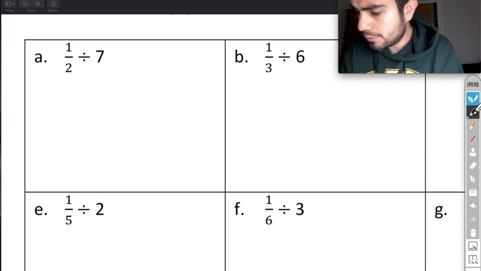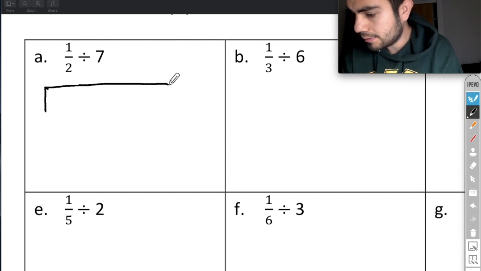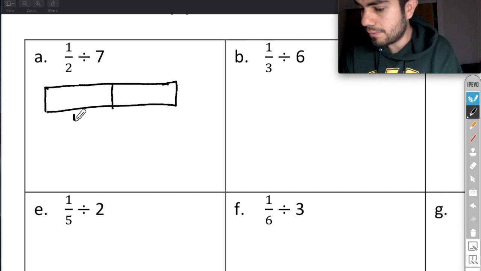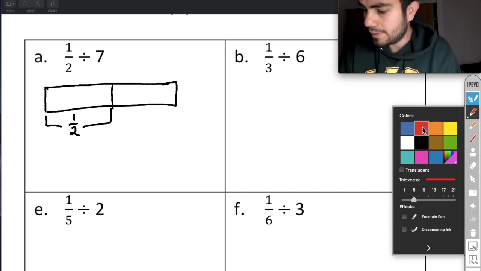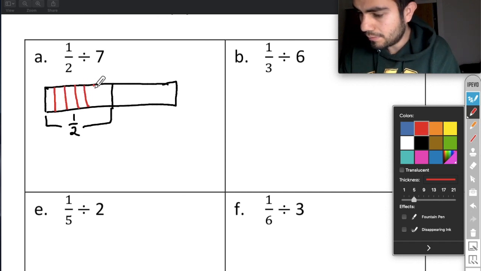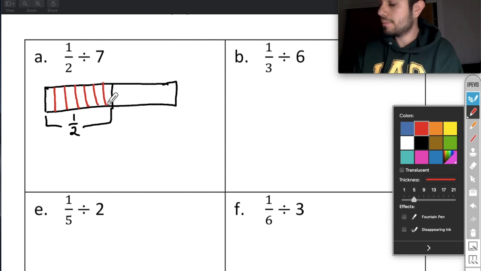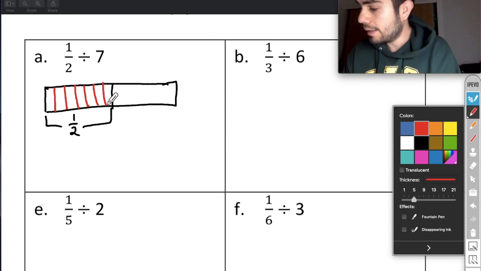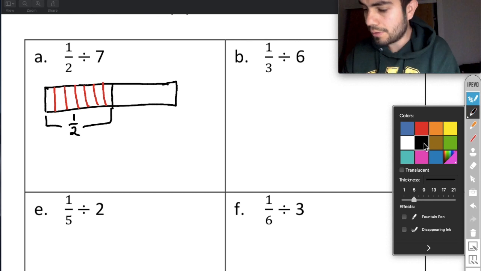Now, when we do our tape diagram, it'll look something like this. You have your 1/2 here. Now you're going to split it into 7 new pieces. Okay, and now what you're going to do is rewrite your equation.